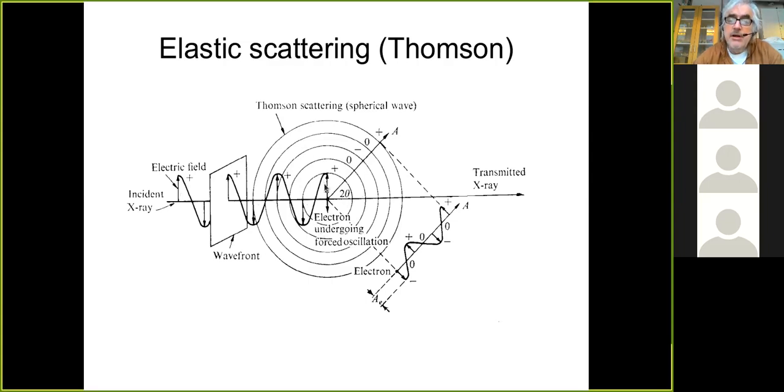One could model it that way. And when it relaxes in some direction, it will emit X-rays. In any direction, there is no reason why it shouldn't be a spherical wave.